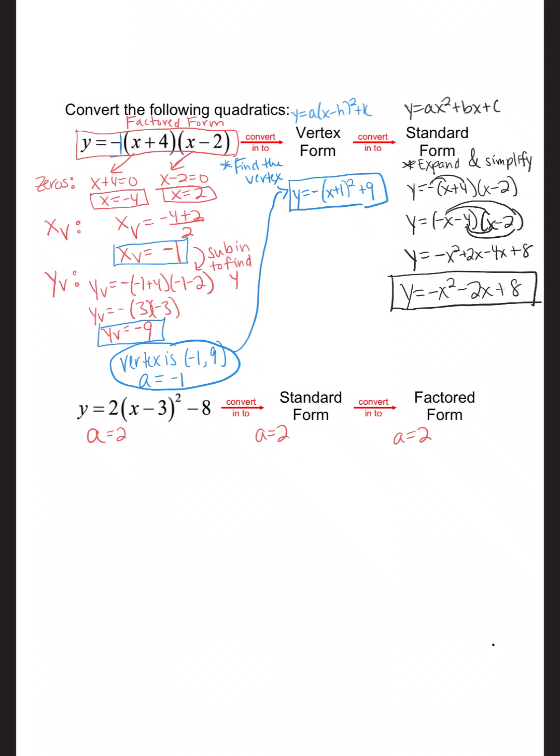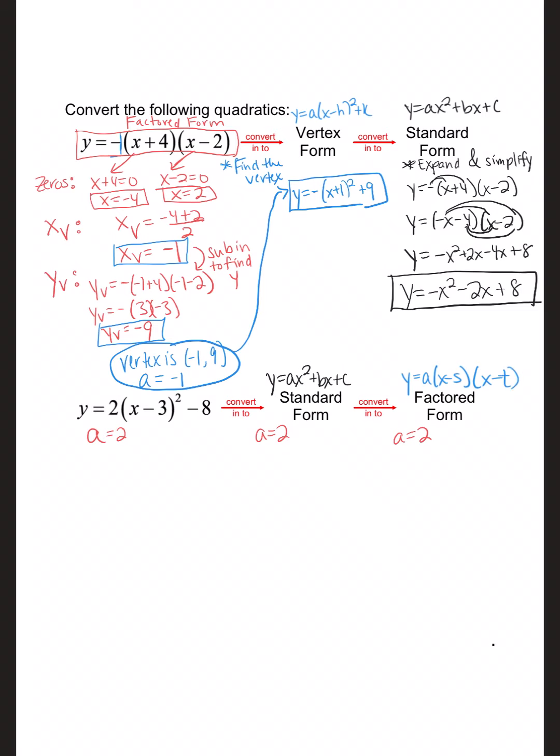Okay, so if we're going from vertex form into standard form, let's write our standard form up above again so we can remember what that looks like. We're trying to get it into this ax squared plus bx plus c. And when we're trying to go to factored form, we want a and then x minus s and x minus t.